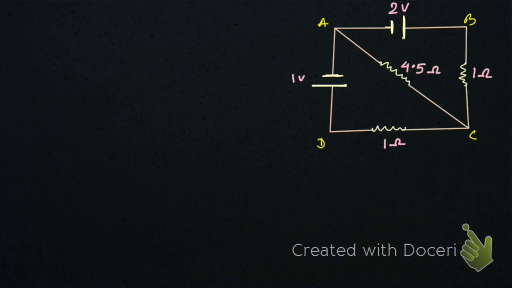So now here you can see, you can take two loops. We are to calculate the current in this circuit, so we don't know the currents here. Let me take this direction as clockwise. Here the current is suppose I1 in this loop, and in this loop the current is suppose I2.